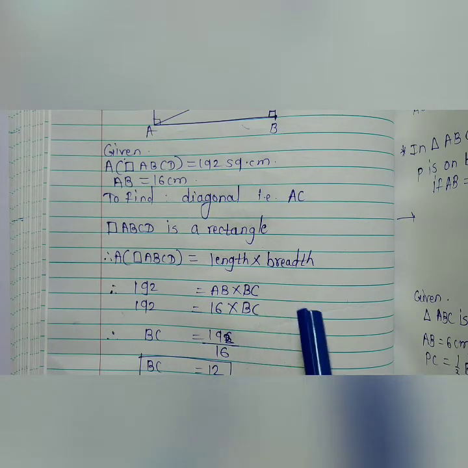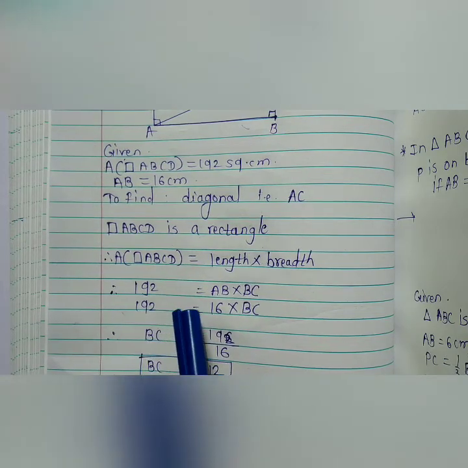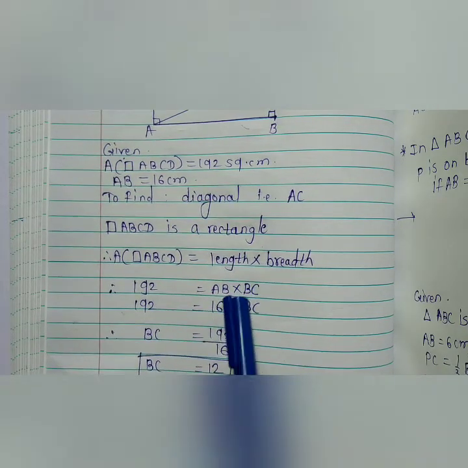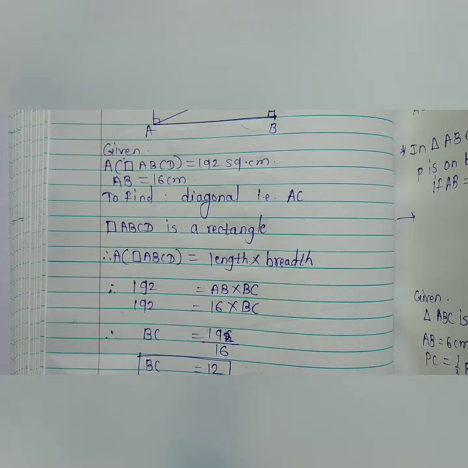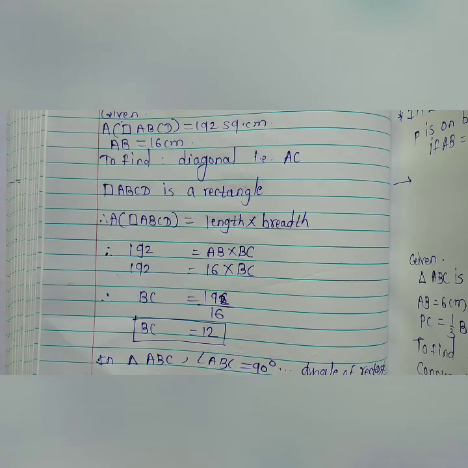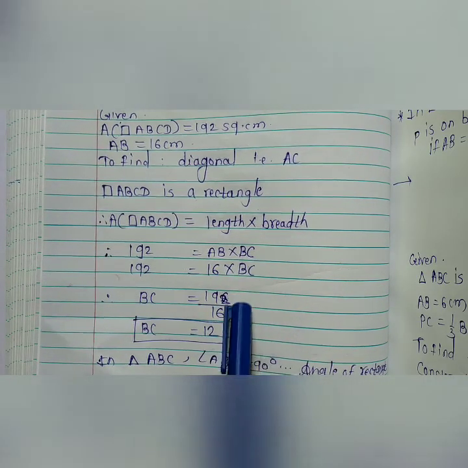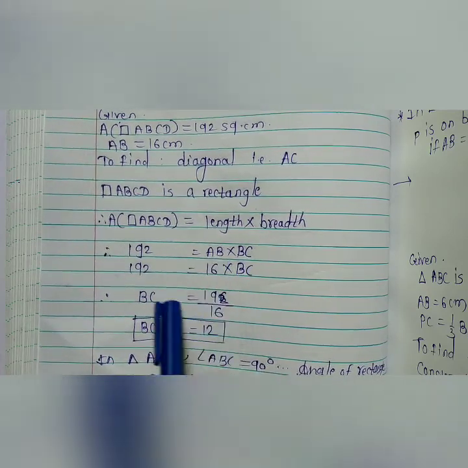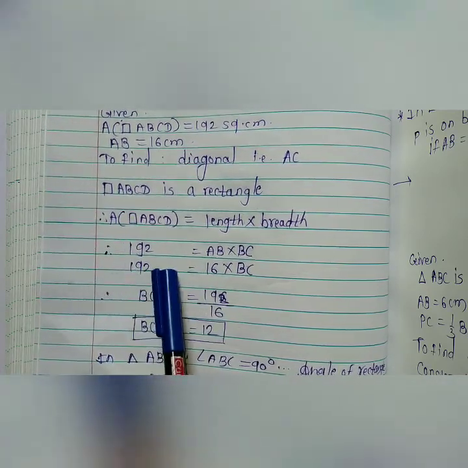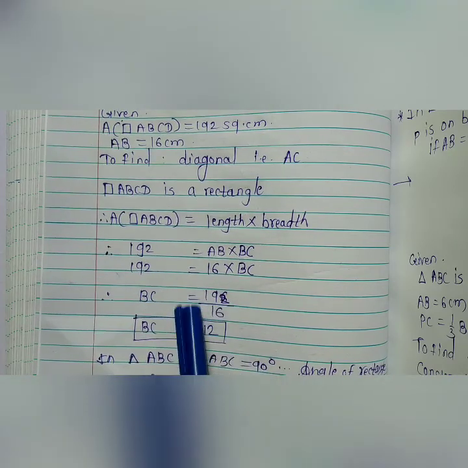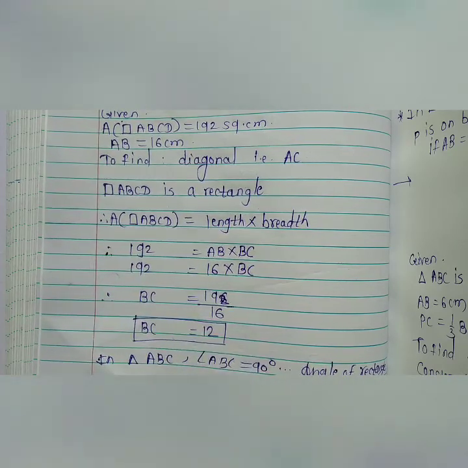Therefore, by substituting the values, 192 is equal to AB, which is 16, into BC. To find the value of BC, write BC as it is; 16 multiplied on this side goes to the other side as divide. Therefore BC is equal to 192 upon 16. After calculation we get BC is equal to 12.